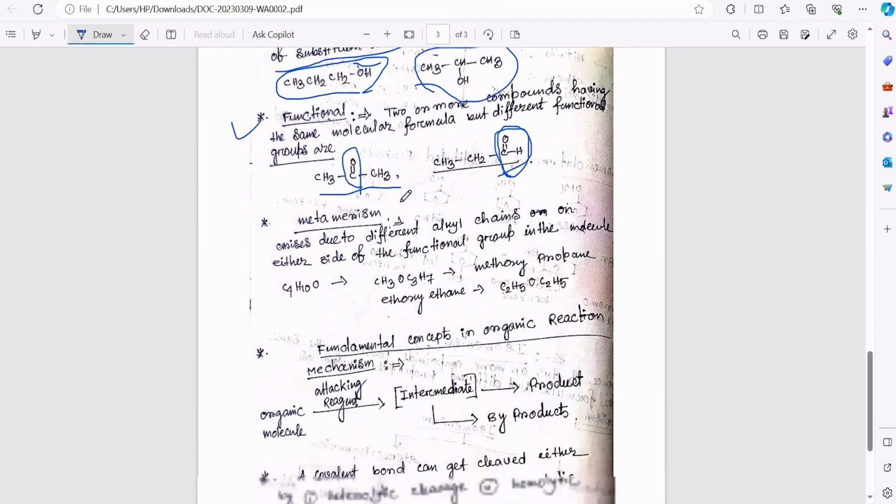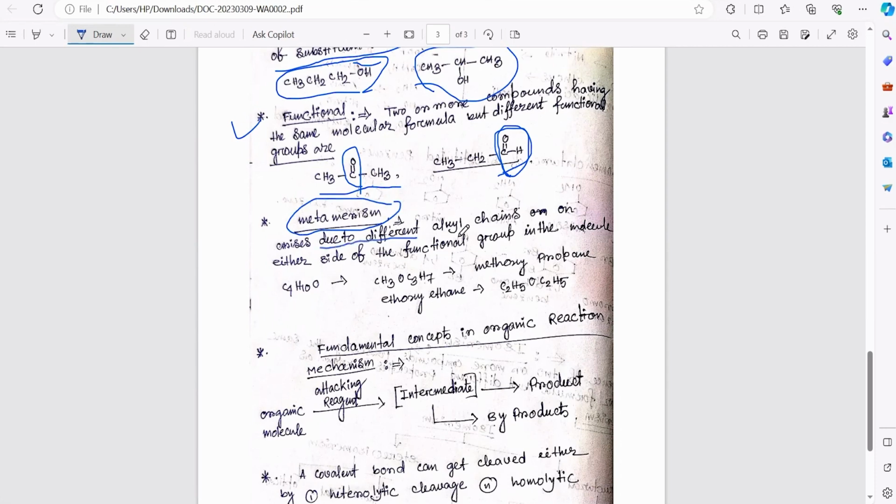We have to understand the definition of metamerism: this kind of isomerism arises due to different alkyl chains on either side of the functional group in the molecule.